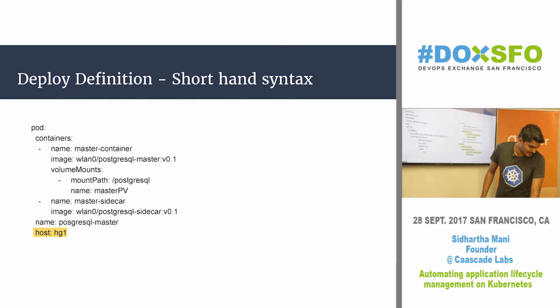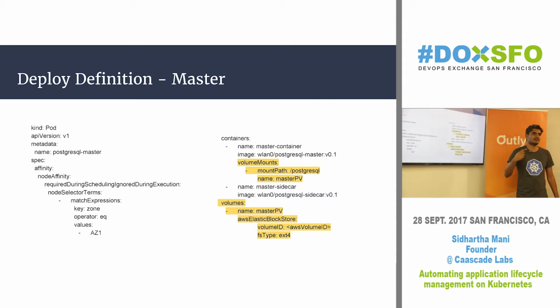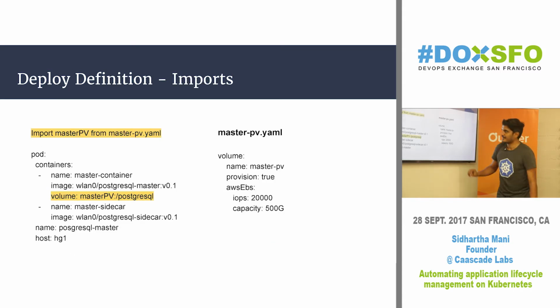Second thing is look at how volumes have been defined. Kubernetes requires you to specify volume mounts in two places in the same file, and this leads to files that easily become unmanageable. We end up with really large files, and as you start writing more files, you end up managing so many files and you don't know where errors exist, and it's hard to just go through the file system and understand where things are going wrong. So I came up with this concept of imports.